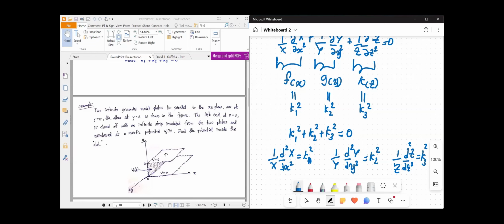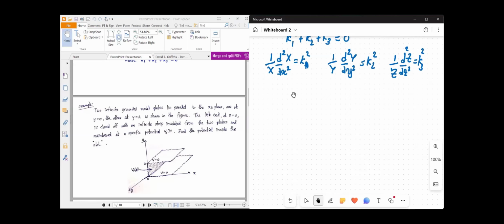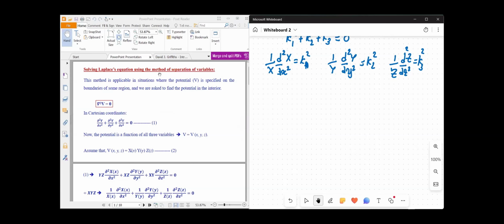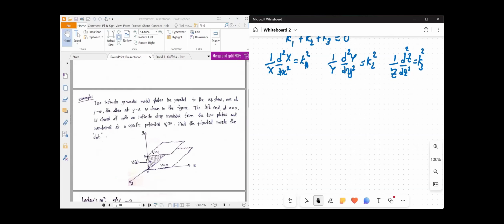Now here we have one metal plate and here we have another metal plate, and we have an insulated strip like this here. So what we are going to do here is use this method of separation of variables, since here the potential is going to vary with y and also x.